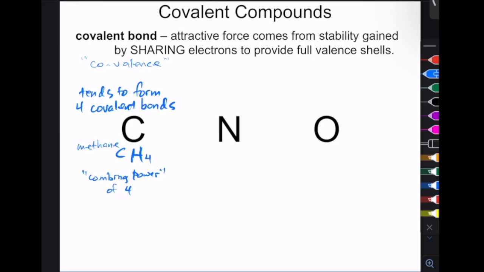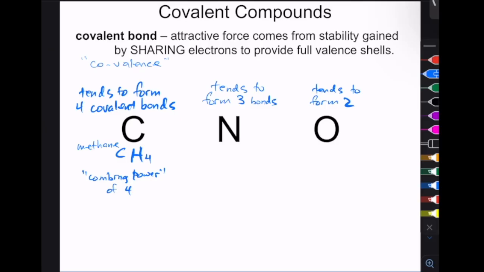Nitrogen, how many covalent bonds would nitrogen tend to form? What do you think? 3. Not always, it tends to. There are some examples where we'll have nitrogen involved in 4 covalent bonds. Oxygen tends to form how many? 2. And so on and so forth.